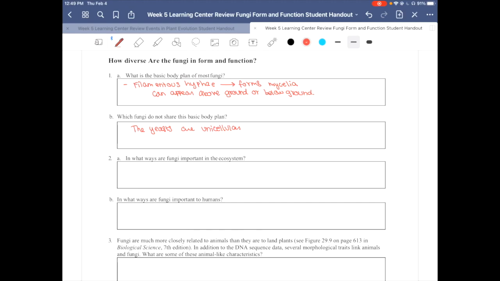Yeah, those are great answers. Symbiosis, and they help decompose organic material. They are key decomposers in the ecosystem, and they are also key recyclers of carbon compounds in the ecosystem. Yeah, that's where the carbon cycle comes in. They play a role in that as well.